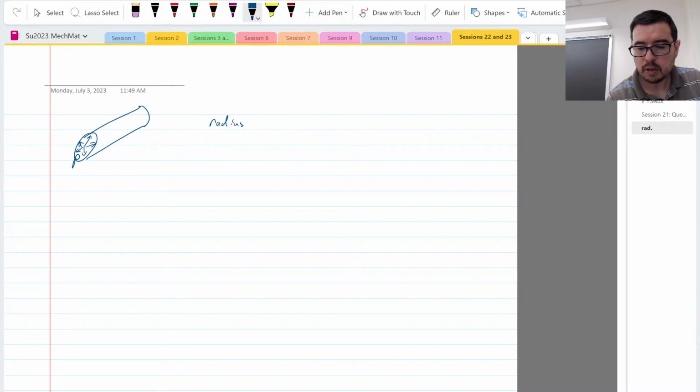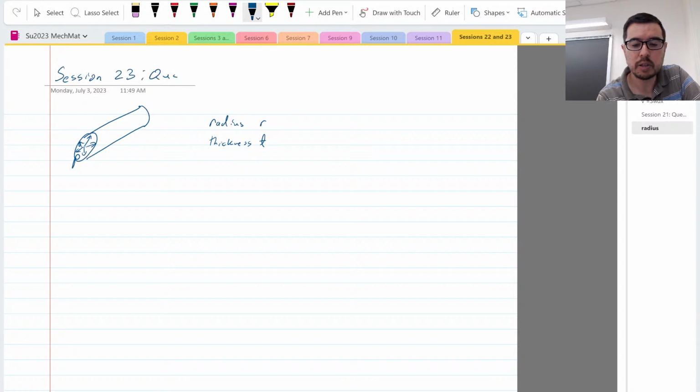Radius r and thickness t. Okay, so we can do this two ways. We can think of what is the shear strength of the material. This is session 23, question 2.